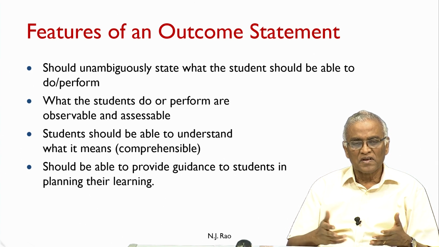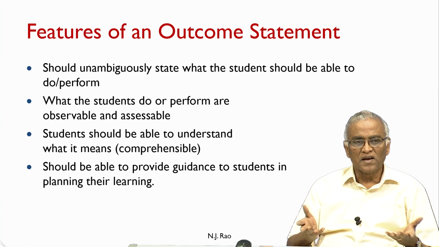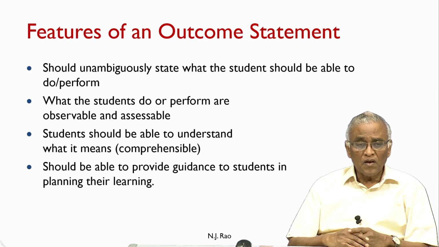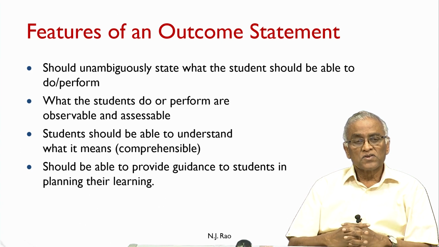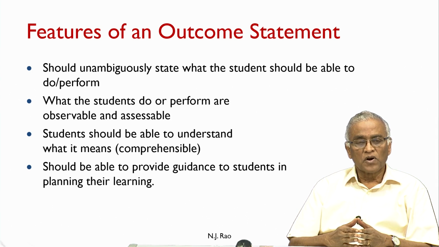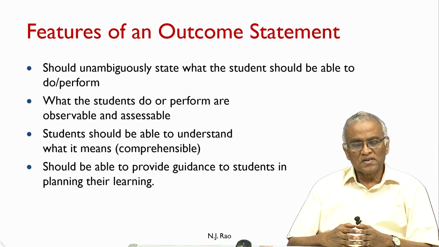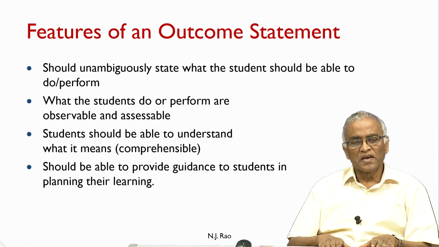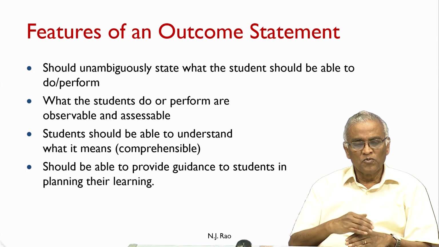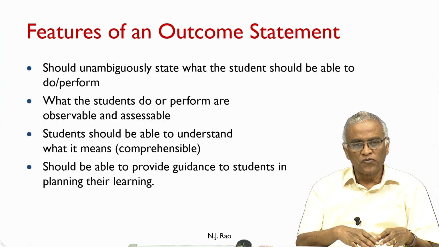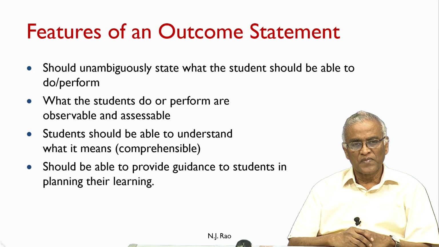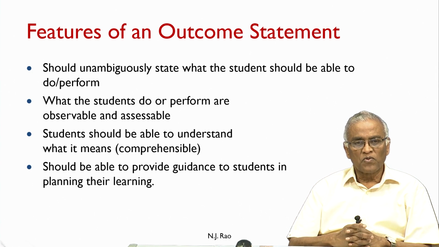I cannot decide whether the outcome has been attained or not. We will spend more time on that. Students should be able to understand it, what it means. Comprehensible means you should not write in a very complicated language where a student for whom it is intended is not able to fully understand the meaning of that. So it should be comprehensible, and it should be able to provide guidance to students in planning their own learning.